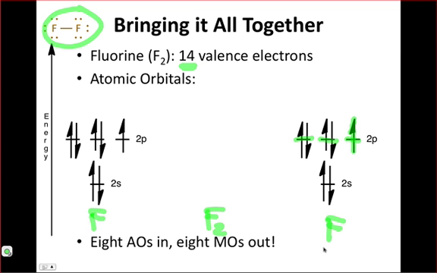One thing I'll mention here is that we have 8 AOs in. There are 8 atomic orbitals on the periphery of the diagram, 4 for each fluorine, and so we must have 8 molecular orbitals somewhere in the middle of the diagram. 8 AOs in means 8 MOs out, no more and no less when building up a molecular orbital diagram.